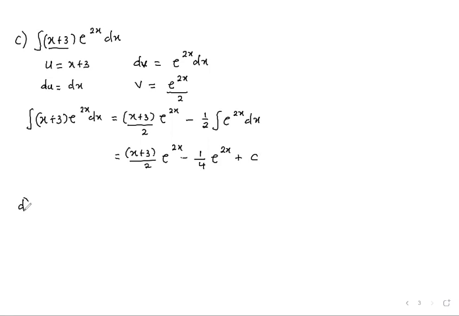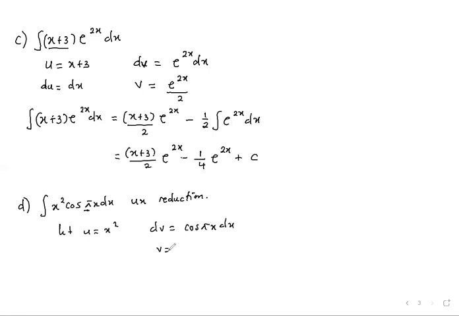And then d, the integral of x squared cos pi x dx. Take pi as a constant and use the reduction formula. If you don't want to use reduction, then use the same integration by parts where you let u be x squared and dv be cos pi x dx.